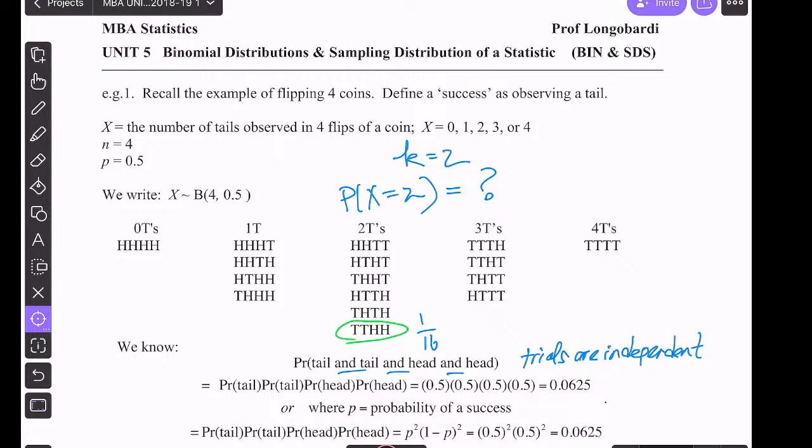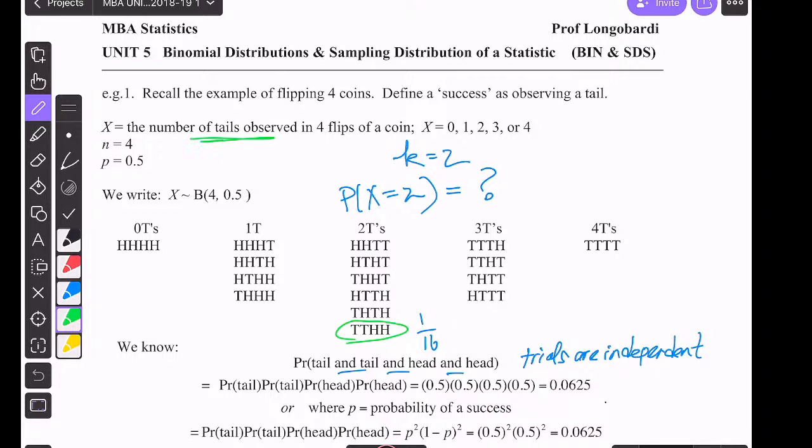It would be probability of a tail, which is the success, right? That's my success, tail. So that's a P. And the probability of a head, if tail was P, what's head? What's the probability of a head if the probability of a tail is P?